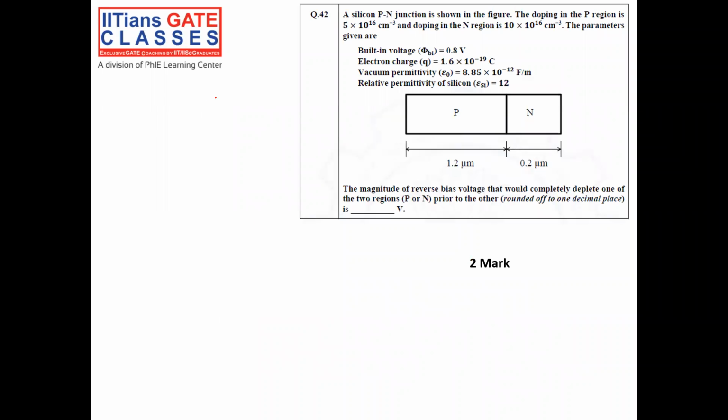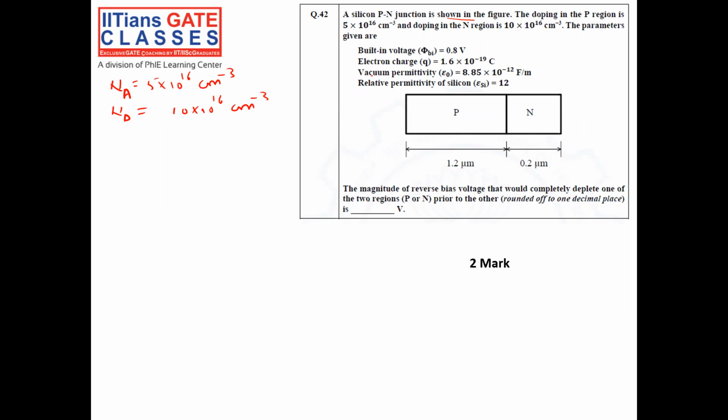Okay, guys. In a silicon PN junction, in the figure, the doping of the P region, that means acceptor atoms, is Na equal to 5 into 10 power of 16 per cm cube, and the doping in the N region, that is donor atoms, is Nd equal to 10 into 10 power of 16 per cm cube.